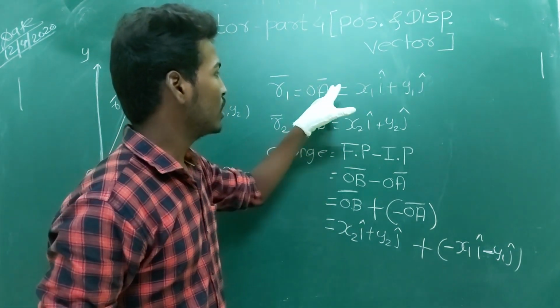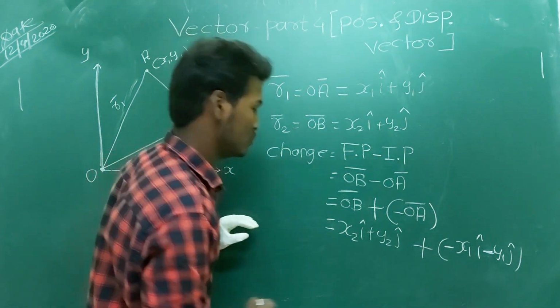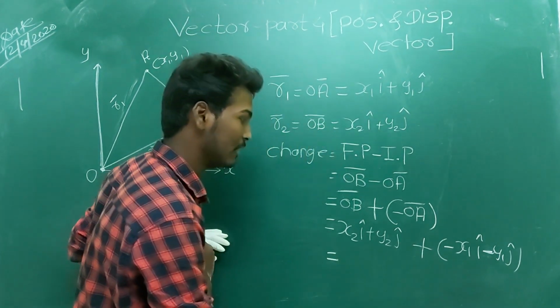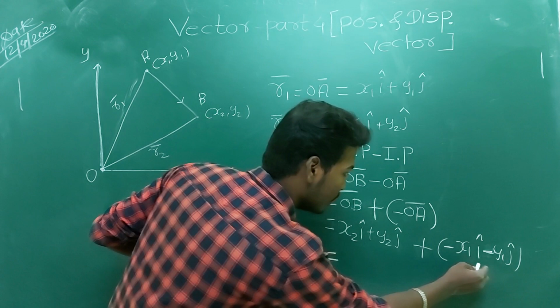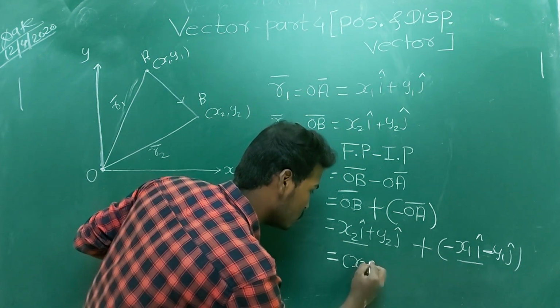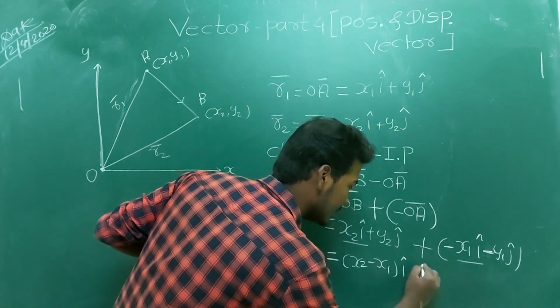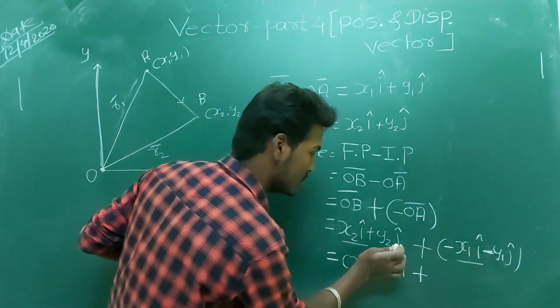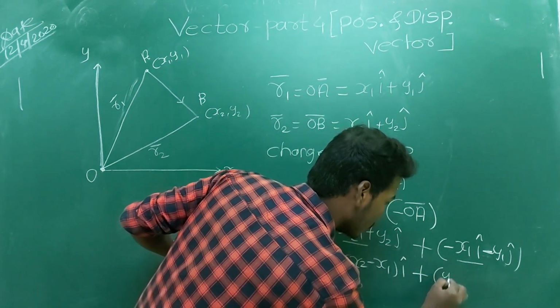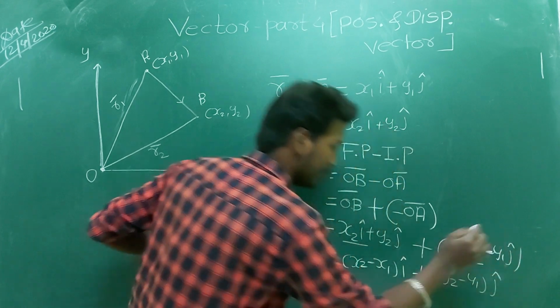So that will be equal to I cap common here, so x2 minus x1 I cap, plus sign as it is. Similarly j cap common, therefore y2 minus y1 j cap.